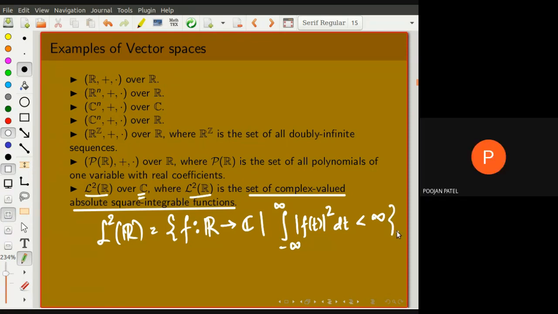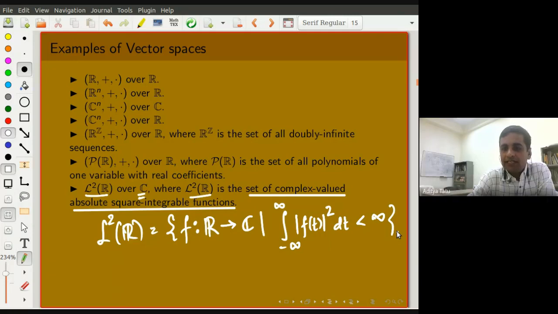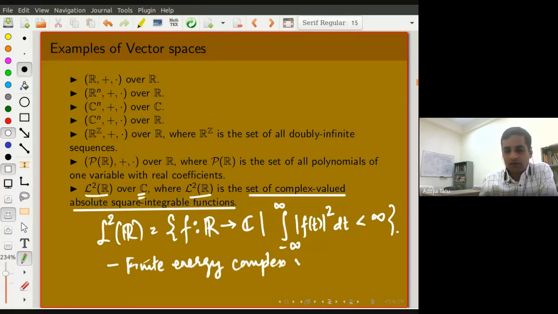Yes, sir, in Fourier transform. Exactly. Finite energy signals, right? That is how you call it in signals and systems. So this is also known as finite energy complex-valued signals.